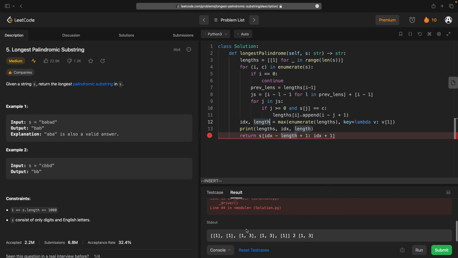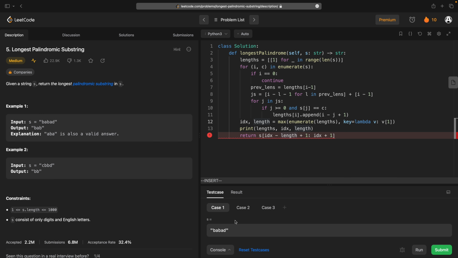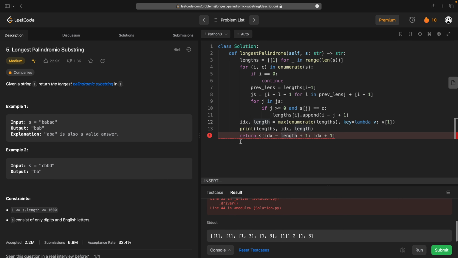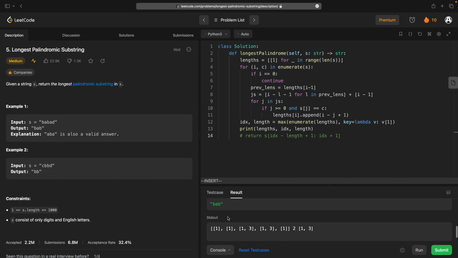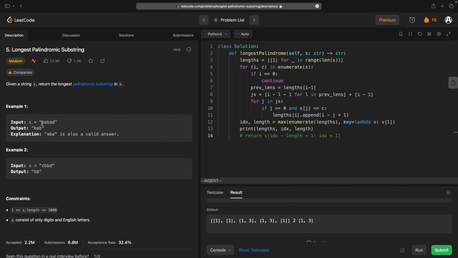Which test is this? It's not really telling me. Let's turn this off for now. Let's just fail the test by not returning anything. At least we continue that. So we see in this test, all the palindromes here are of length 1. All the palindromes here are of length 1. There's a length 1 palindrome here, but there's also a length 3 palindrome here. Same with this one here. There's a length 1 and there's a length 3 palindrome. And here there's just a length 1 palindrome.